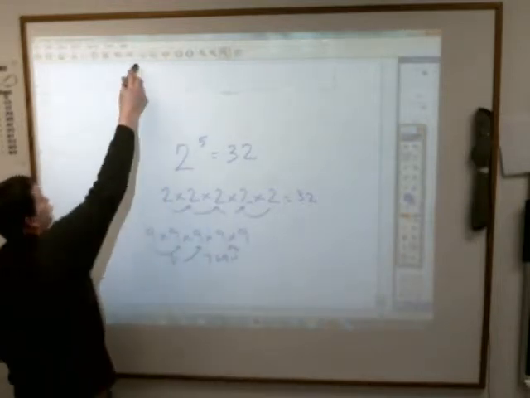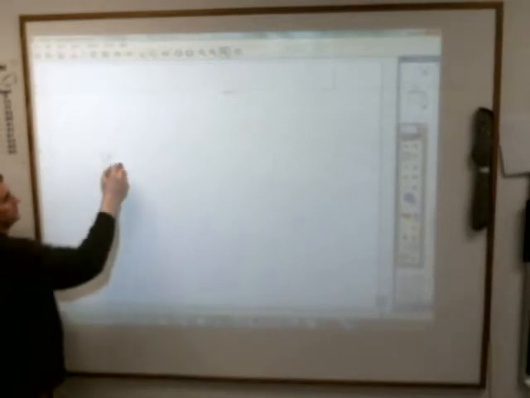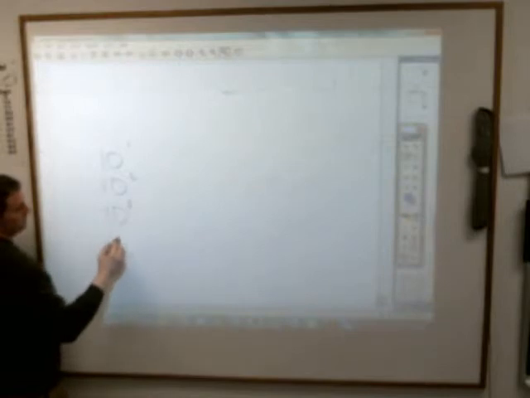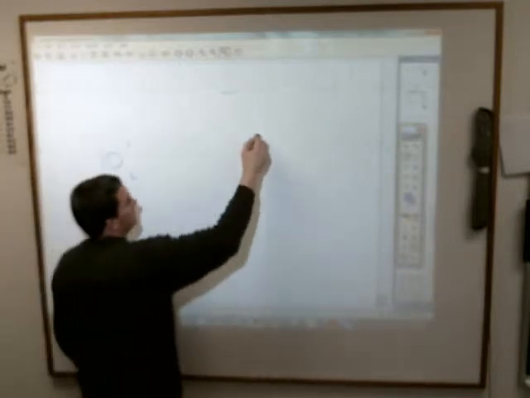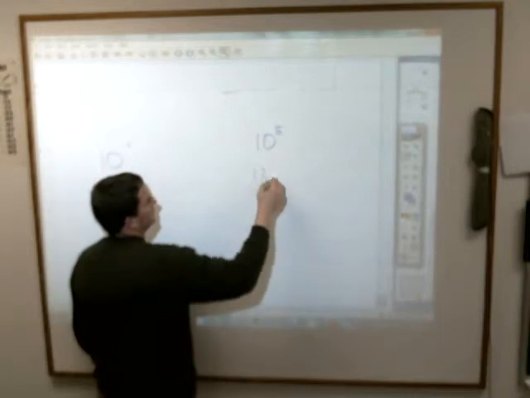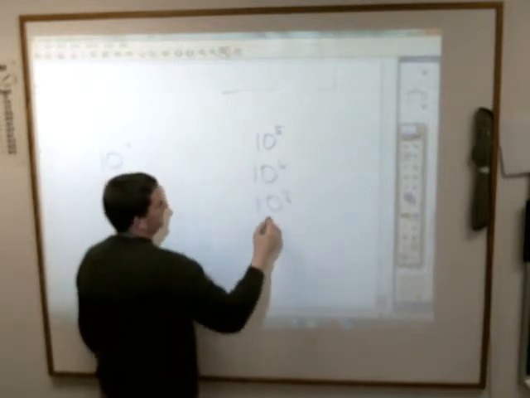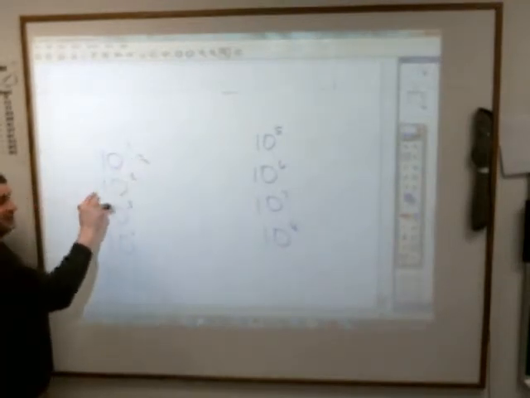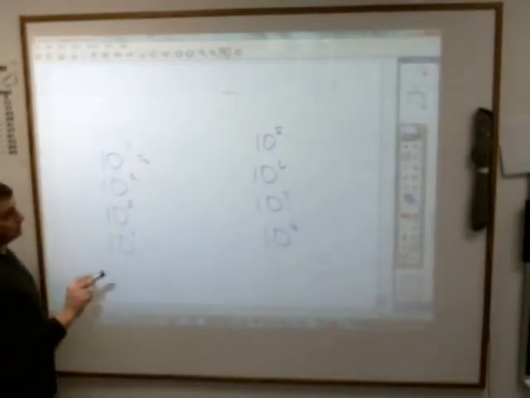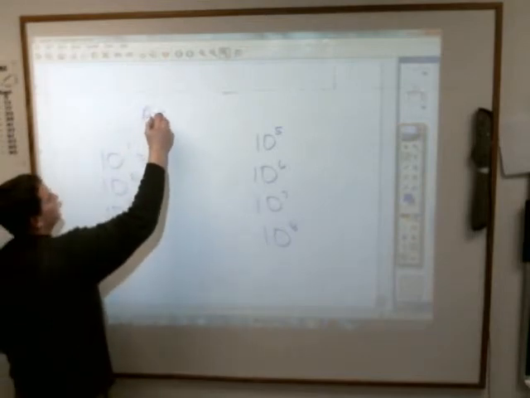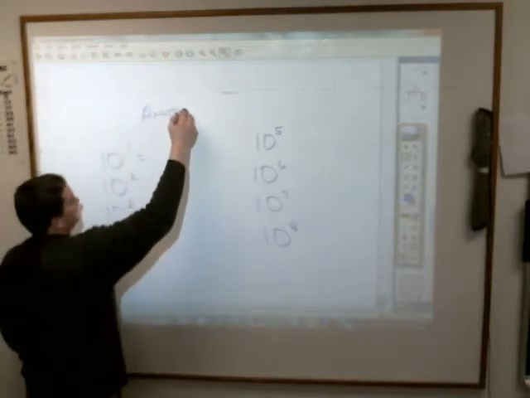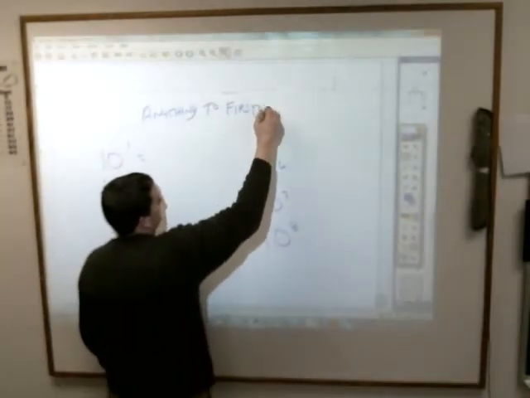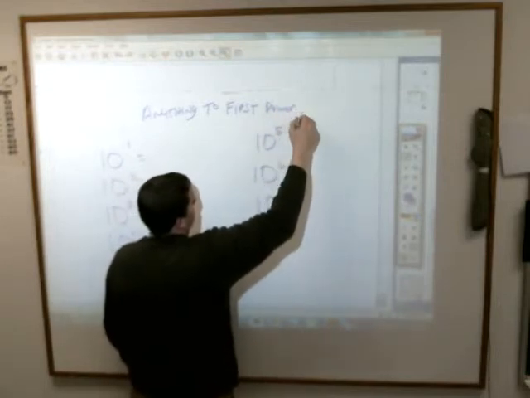Now, the nice thing though is something that you need to understand is this: tens are always very easy numbers to take exponents of, because there's a little pattern that you'll see. By the way, anything to the first power is itself. Let's write that down. Anything to the first power is itself.